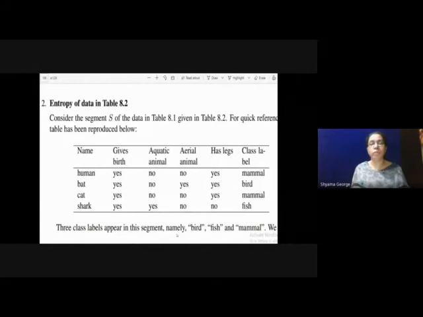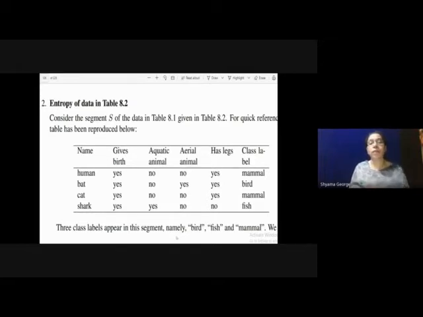Suppose we want to find out the gain of gives birth. Gives birth has 2 values, yes and no. Then the whole data is divided based on yes and based on no. When you take yes, all the records with the value yes are given in this table. So there are 4 records, and you also have to find out the class distribution.